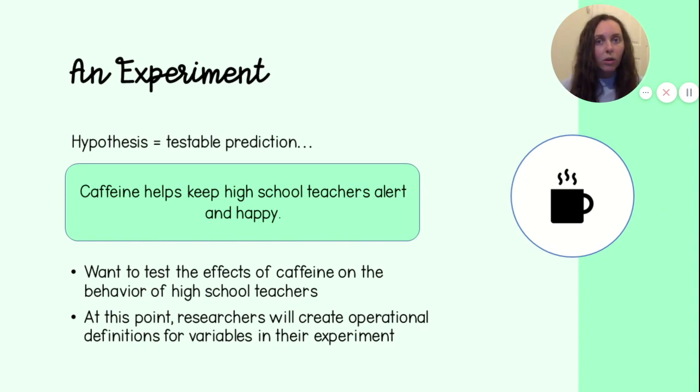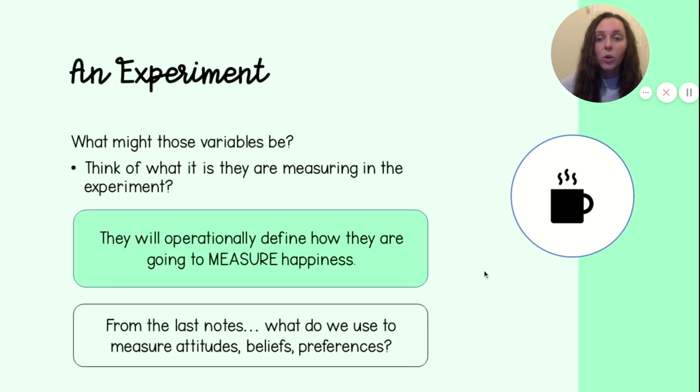Now, what did we talk about with happiness? Happiness is really, really hard to define, right? So we are going to have to use something to help us measure happiness.